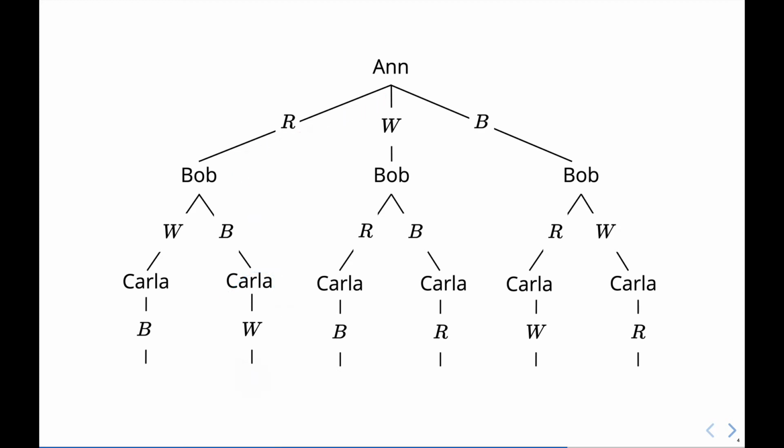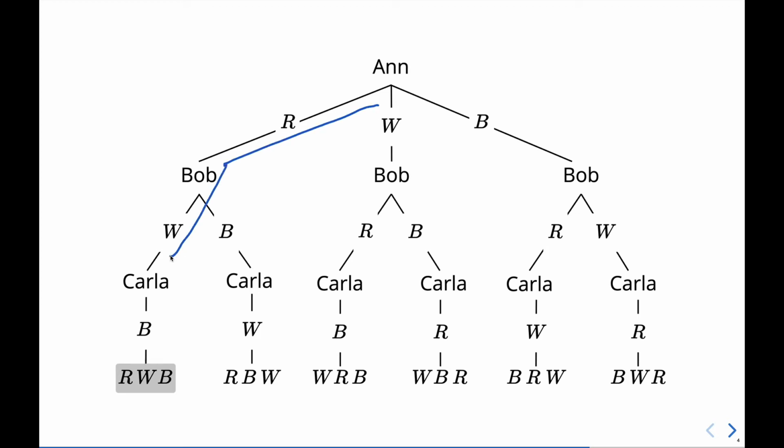Now, each of these branches in this tree here, you can think of this as like a little decision tree or tree of uncertainty. Each of these branches corresponds to a possibility that the waiter considers. And we can represent it by a sequence of R, W, and B. So the first one, RWB, this is the actual situation. Anne ordered red wine, Bob ordered white wine, and Carla ordered beer.